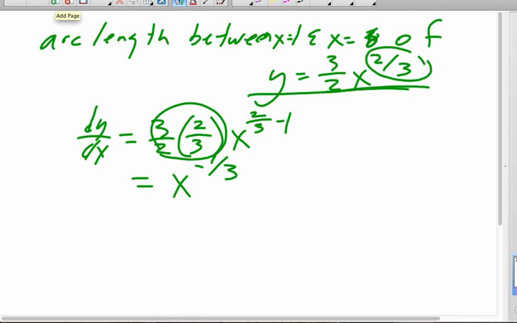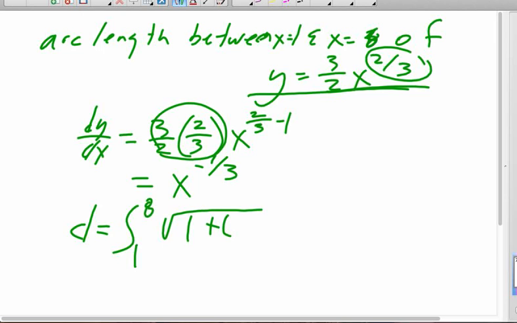Okay. So now we plug all of this into our formula. So the distance, our arc length, is going to be equal to the integral from 1 to 8 of the square root of 1 plus x to the negative 1/3 squared dx.